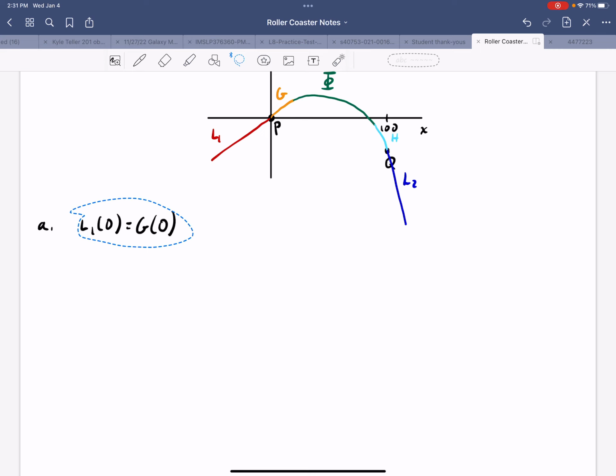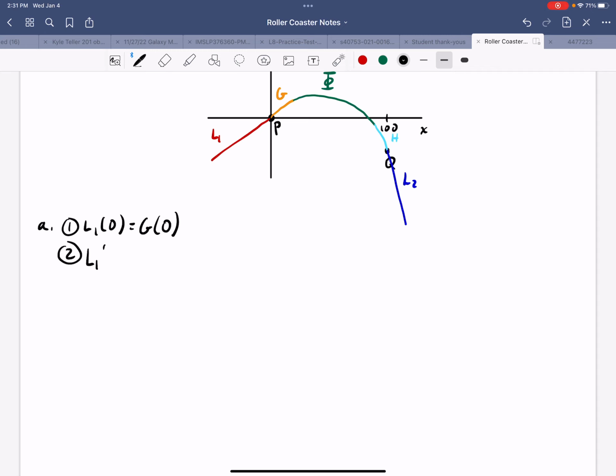You'll be using Mathematica as it turns out, but just to enumerate. So that's equation 1. Equation 2 is L1 prime of 0 equals G prime of 0. And then equation 3 is L1 double prime of 0 equals G double prime of 0.